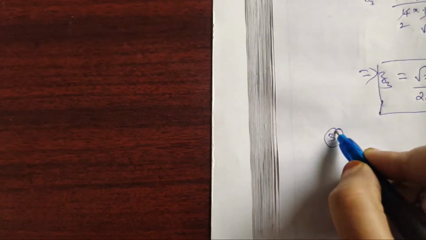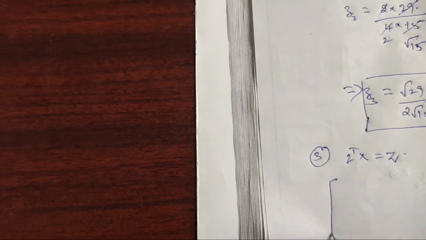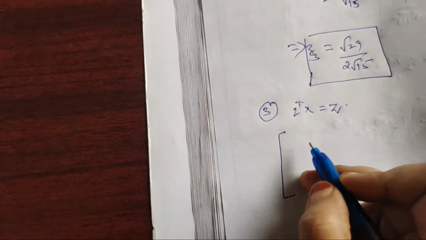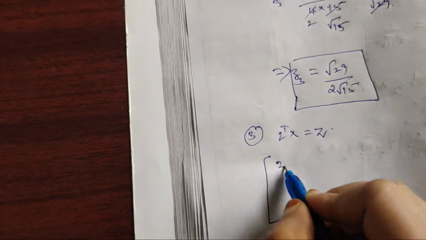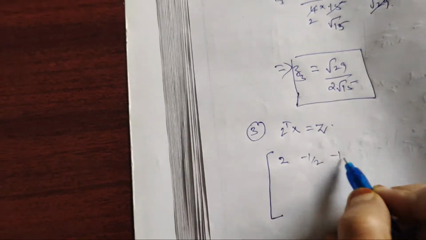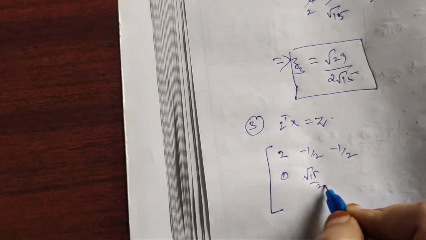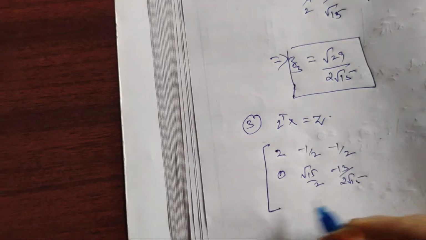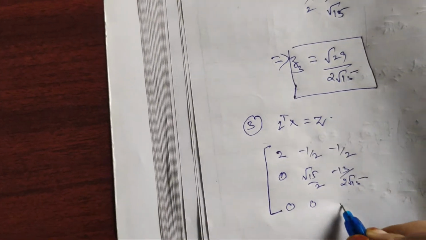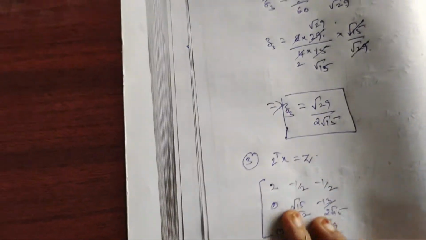The third step is L transpose x equals z, where we take the transpose of your lower triangular matrix. So that is equal to 2, minus half, 0, root 15 by 2, minus 13 by 2 root 15, 0, root 29 by, what was this value?